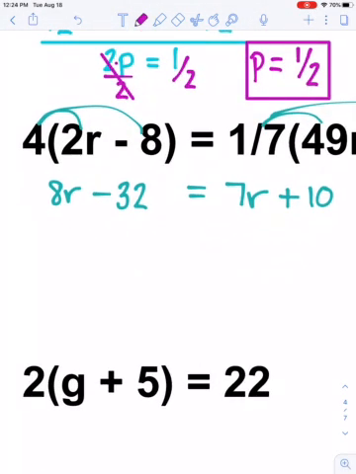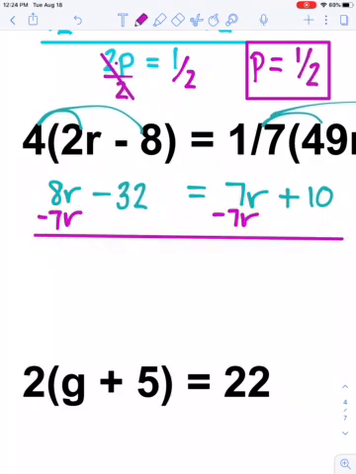So again, we could move the 8 or the 7. 7 is smaller, so let's go ahead and move that. It is currently positive, so we're going to subtract it over to move it. 8r minus 7r is just r, or 1r. You still have a minus 32 equals, and then over here, 10.